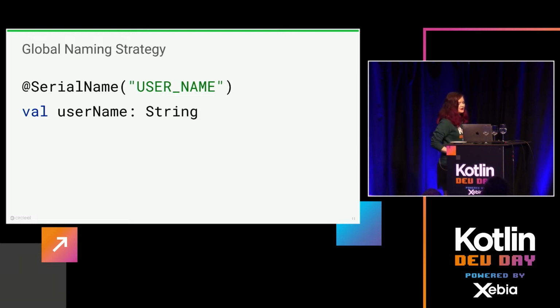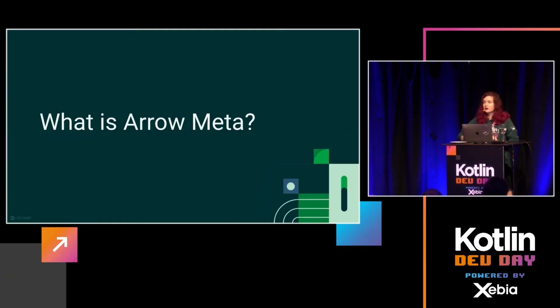So I was thinking if there's a good solution for that, because it's just adding SerialName repetitively by hand, and that means I can do something wrong. Typos happen every time. So I was thinking if I can generate something like that automatically, and actually I can. So for that I used Arrow Meta.